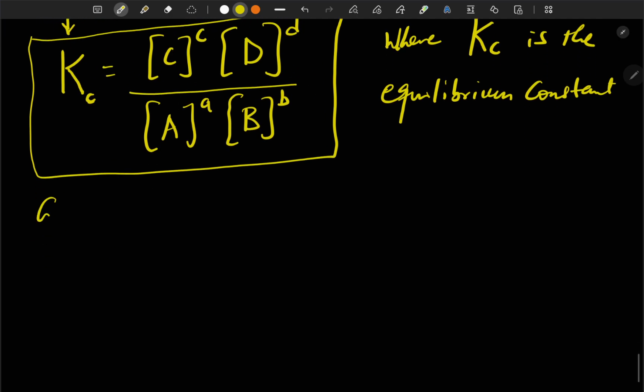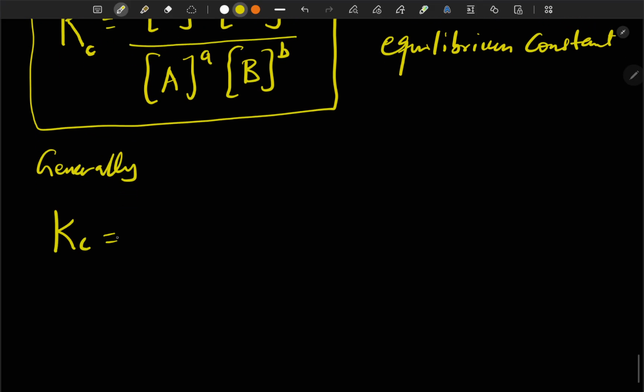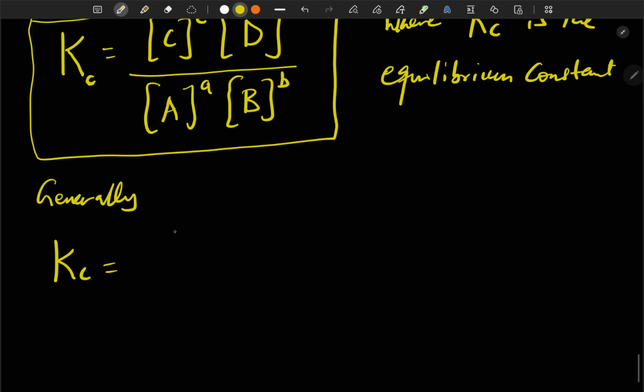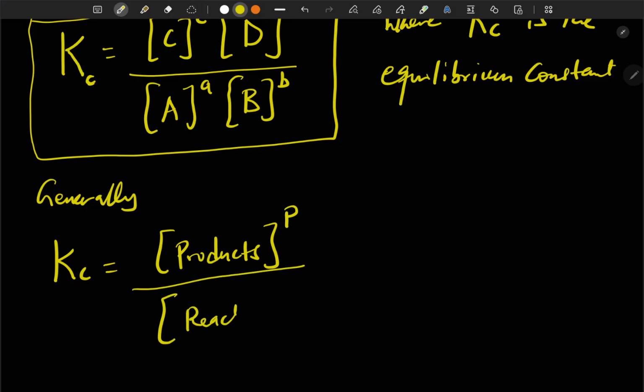So generally, we can say the equilibrium constant Kc is equal to the concentration of products raised to the power of their moles, all over the concentration of reactants raised to the power of their moles.